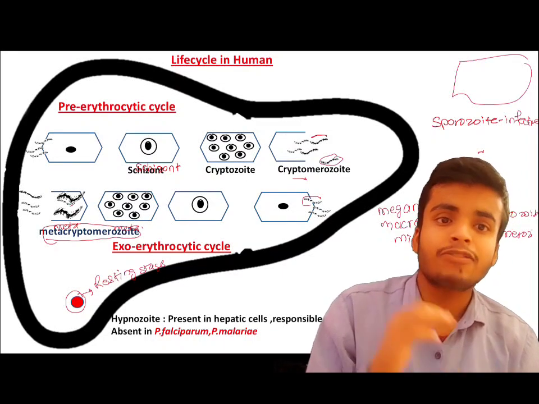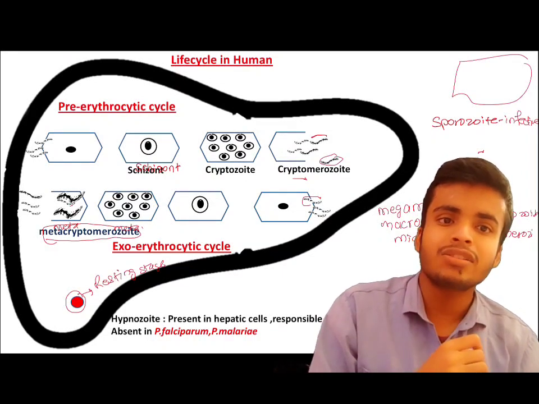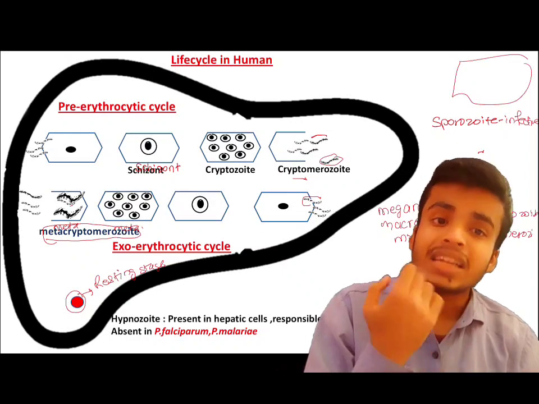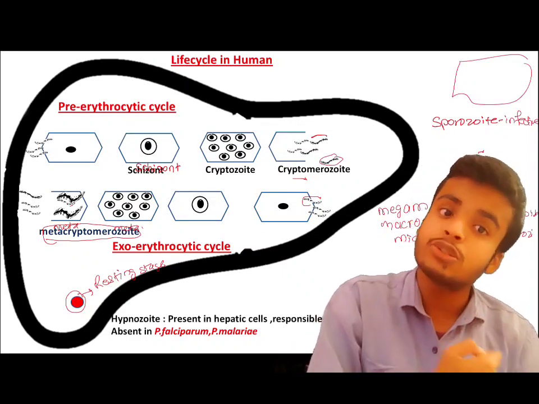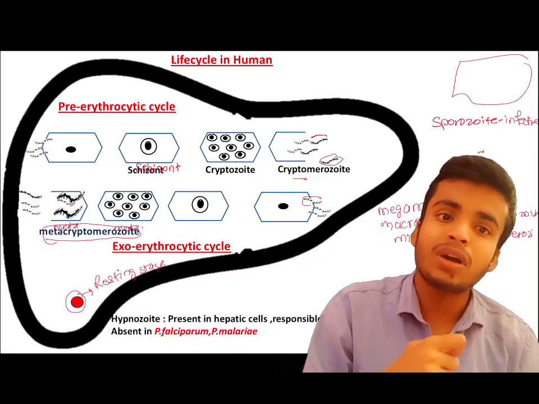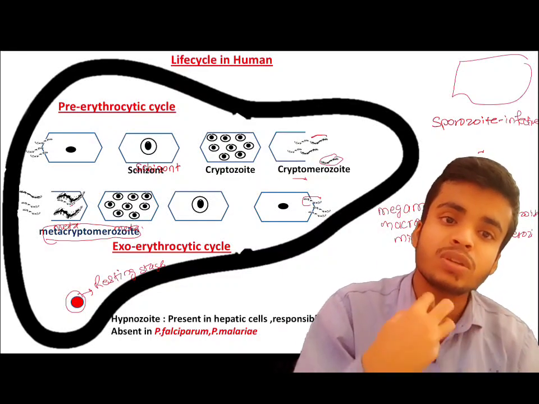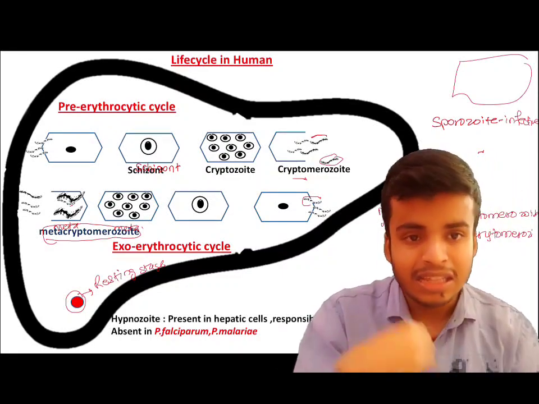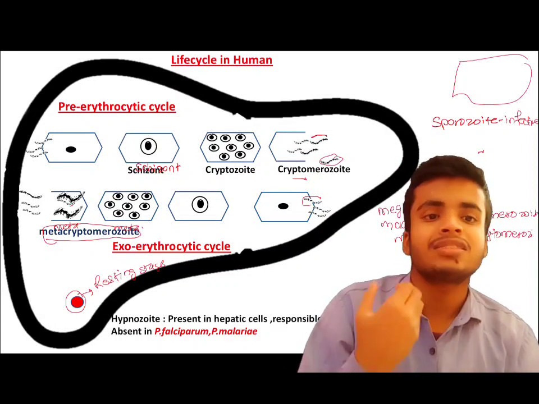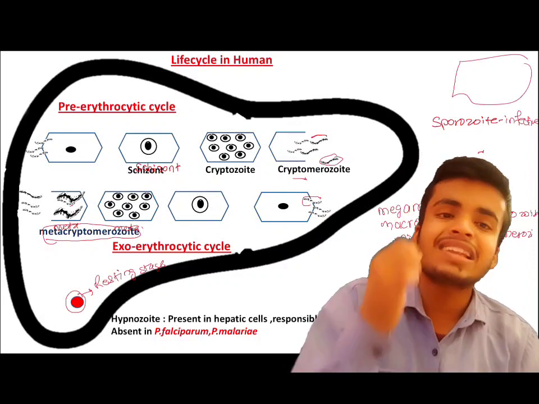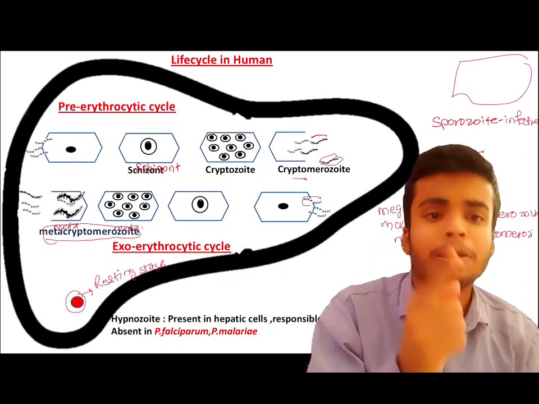After 1 year or 2 years, you again have relapsed fever, and this was not due to a new mosquito bite, but due to the previous one. Some hypnozoites were remaining in your liver, and those hypnozoites now became active and caused the relapse of malaria. So relapse of malaria is due to hypnozoite.